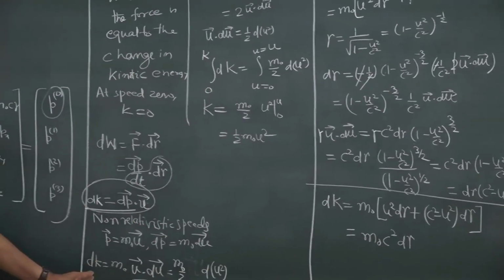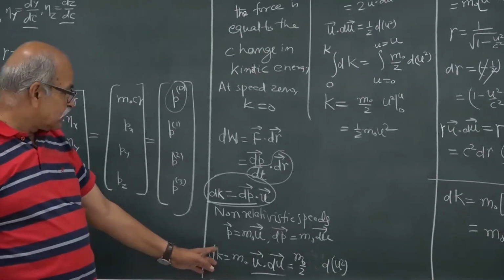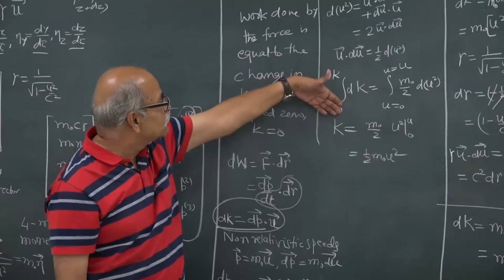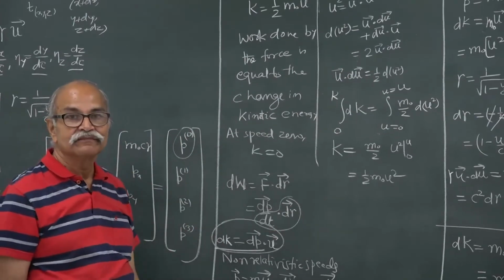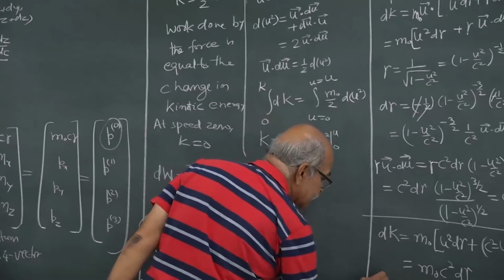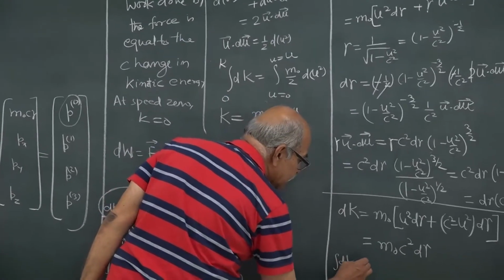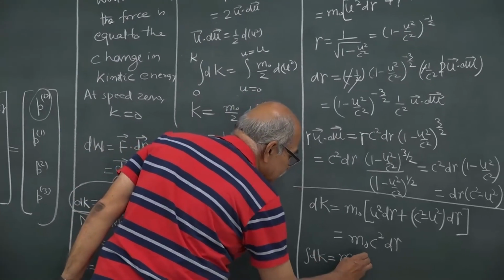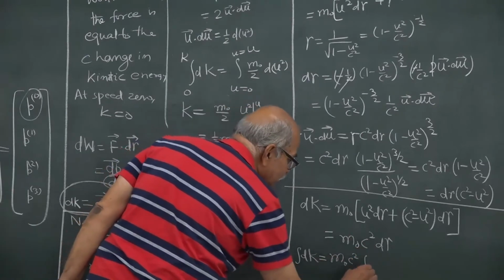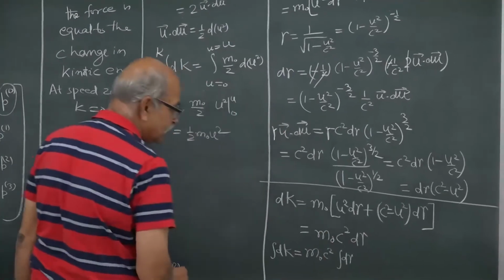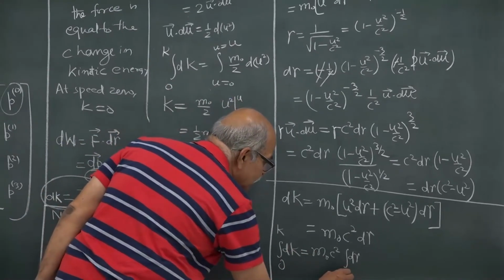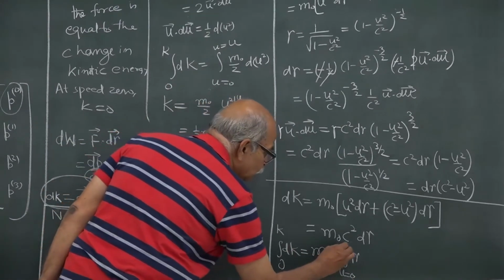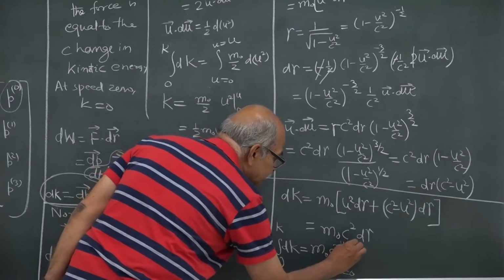So after that, what did we do? After getting all these things, we integrated from 0 to k and u going from 0 to u. Same thing here, integrate. dk is equal to m naught c square, which is constant, and therefore this is just d gamma. This is 0 to k, and this is u going from 0 to u.